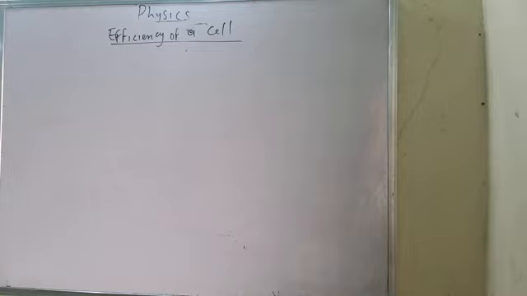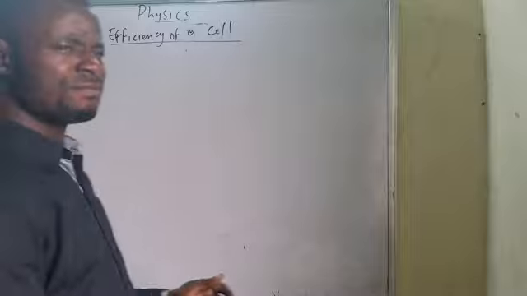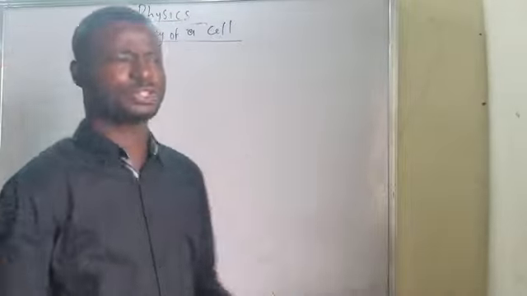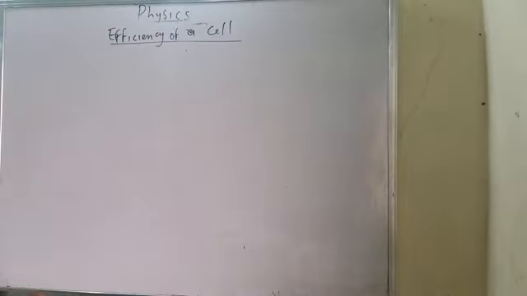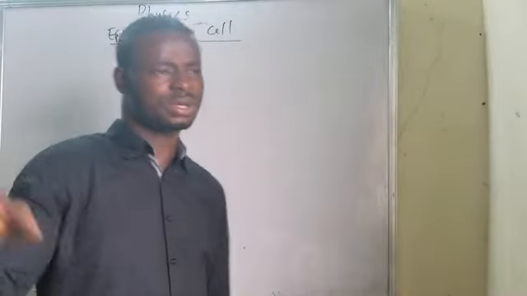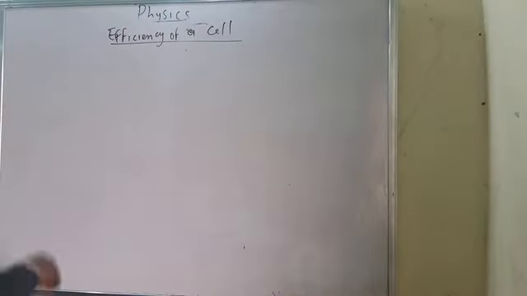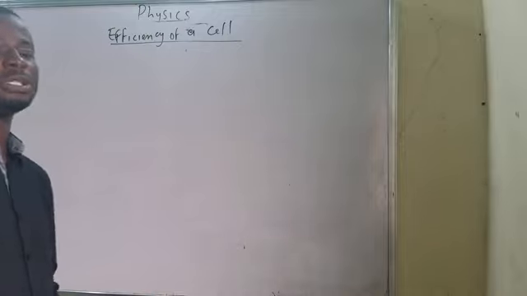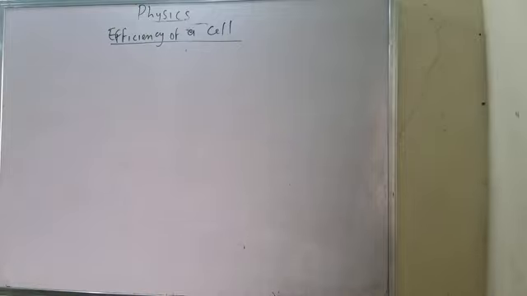When we talk about efficiency of a cell, it always involves power output and power input. Please take note of that; I've mentioned it in one of our previous videos, when I was explaining work, energy and power. Power output divided by power input, multiplied by what? 100. Very important.